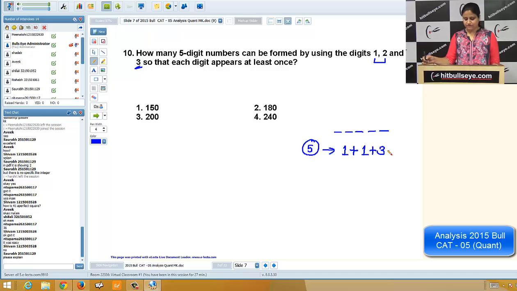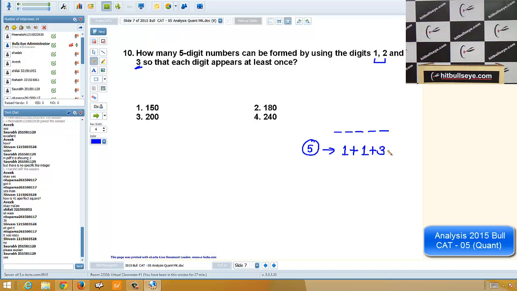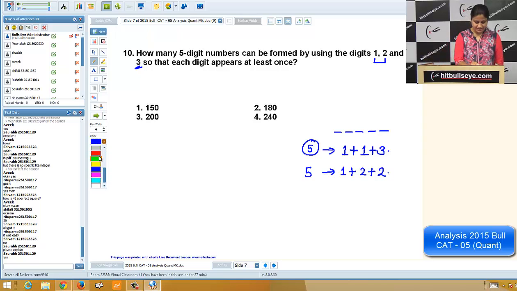We can use 1 digit once, 1 digit once and 1 digit thrice, that is 1, 1, 3. The other case can be 1, 2, 2. It means 1 digit is coming once, 1 digit coming twice, 1 digit coming twice. I'm making cases here.